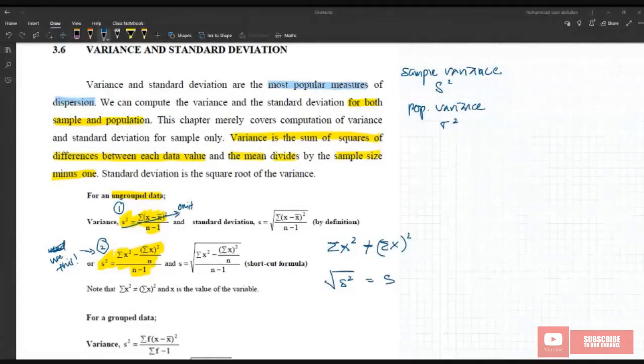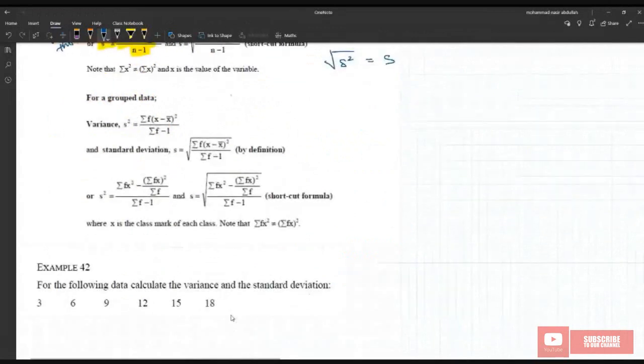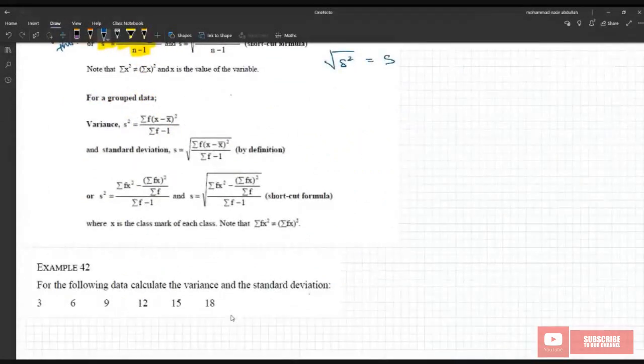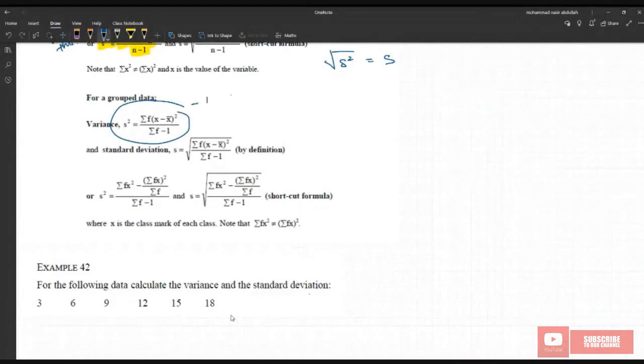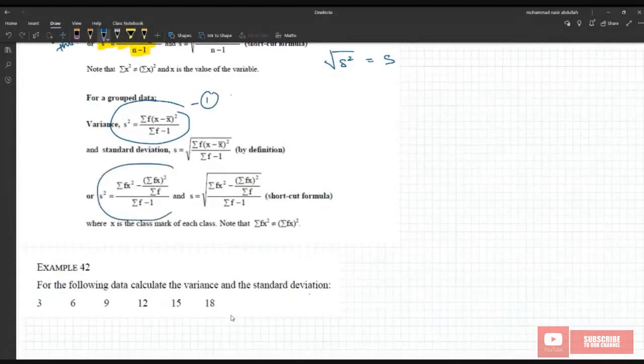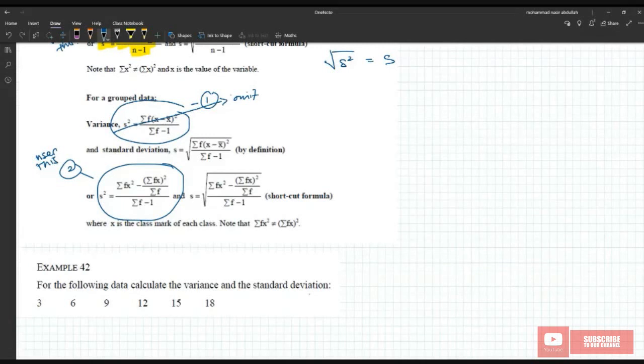For grouped data, we also have two formulas. This is formula number one, and this is formula number two. We're going to omit formula number one and use formula number two. So always use formula number two.